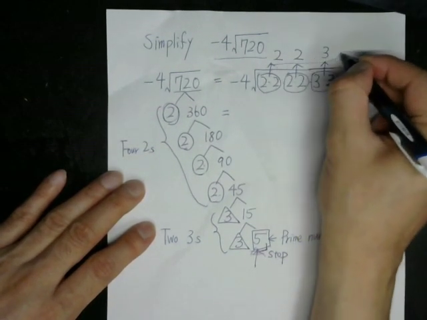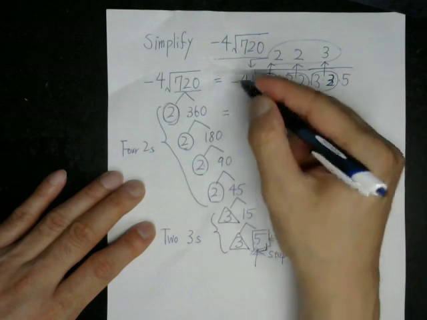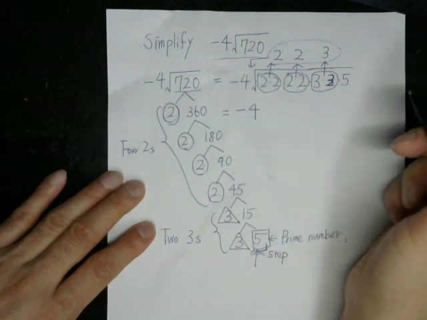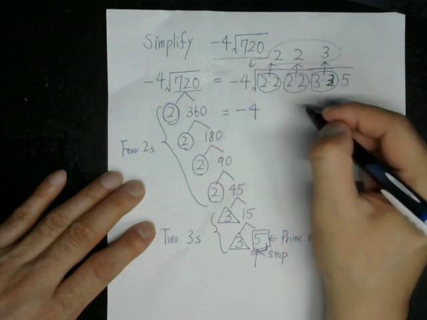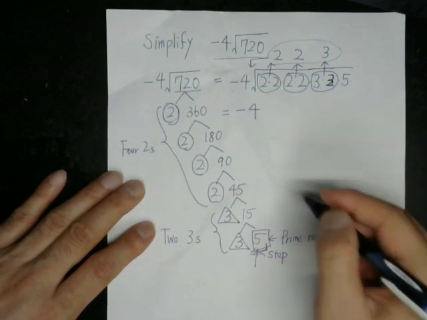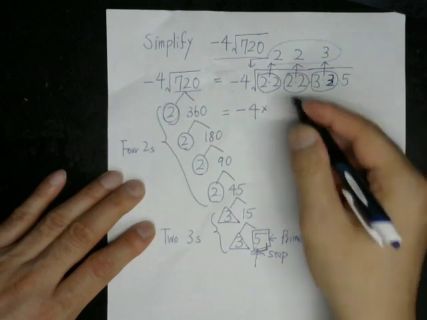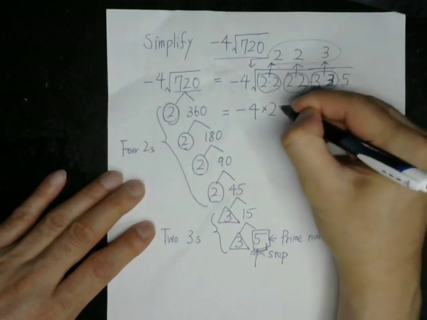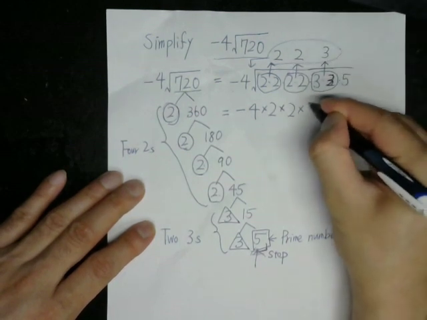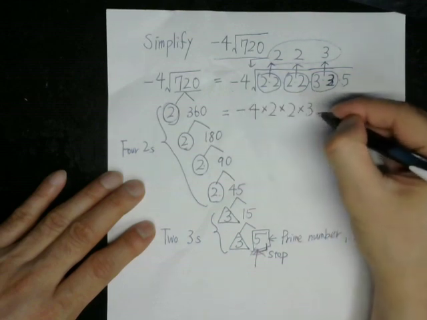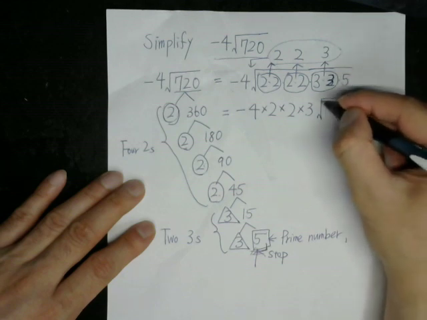And what happens to these whole numbers? They will all go to the front of the square root. But be careful, there's already a negative 4 waiting for them to be multiplied. So your calculation will be 4 times this 2 and that second 2, and this 3, performed in front of the square root.